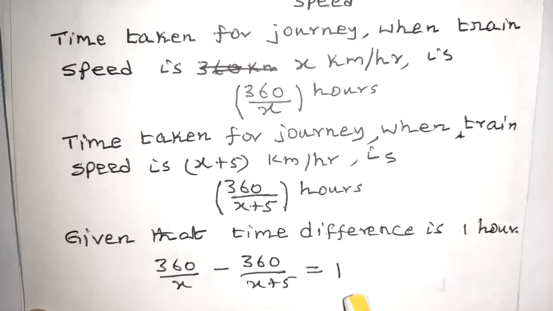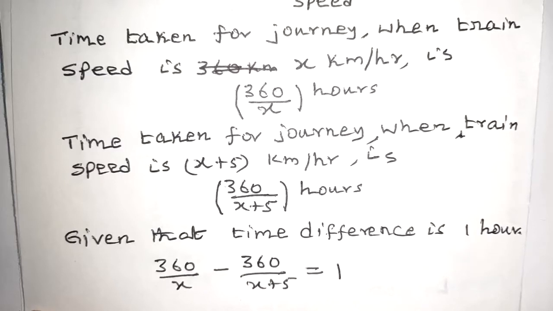The difference is 1 hour. This is the time taken when speed is x. This is the time taken when train speed is x plus 5 kilometers per hour. The difference is 1 hour.